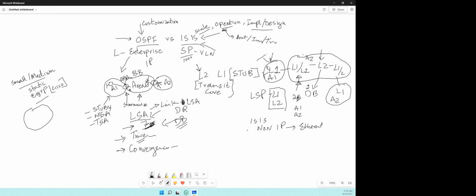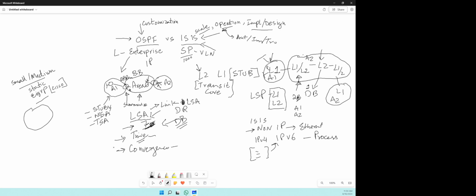And having that advantage gives ISIS the ability to carry IPv4 as well as IPv6 in the same process. You don't have to configure 2 different processes. It's just going to be 3 lines, and you will be able to enable IPv4, IPv6 routing.